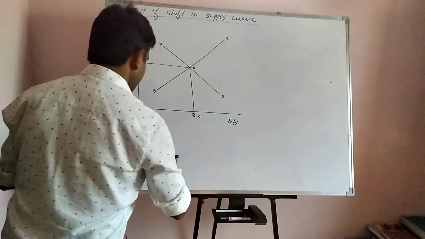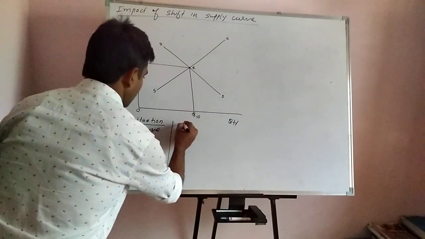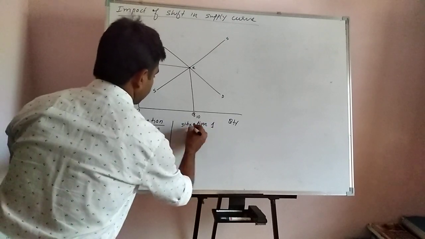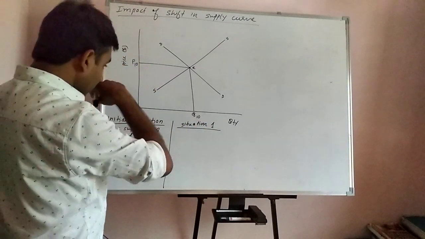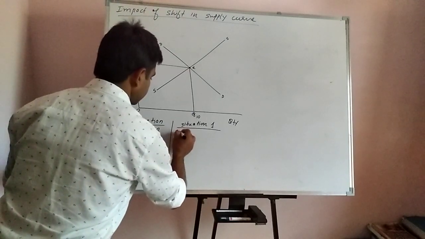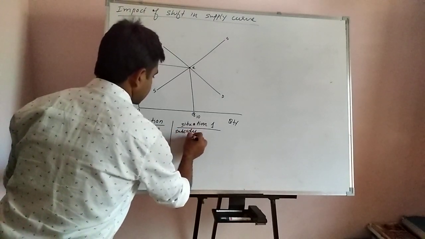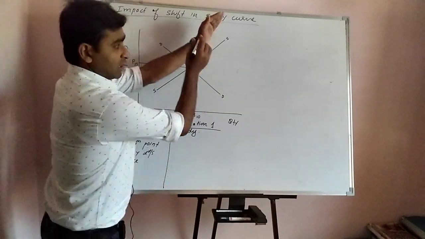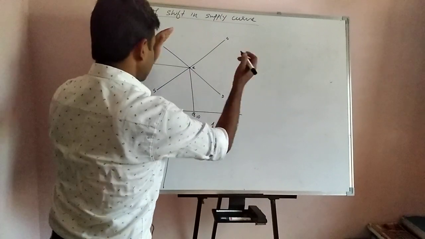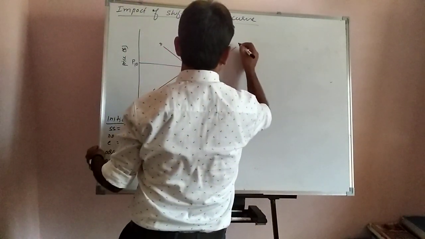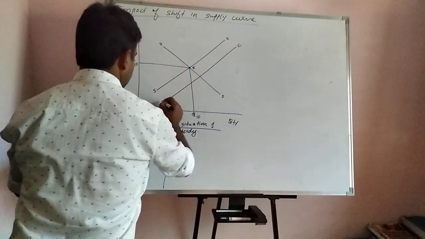So we'll take a new situation here, situation 1. Under situation 1, say subsidy, the government has given a subsidy. In this case the supply curve will shift to the right. We have S1 and S1.